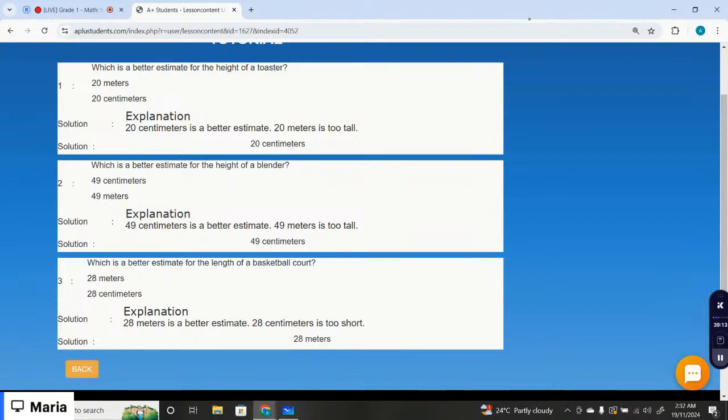The next one is which is the better estimate for the height of a blender? 49 centimeters or 49 meters?